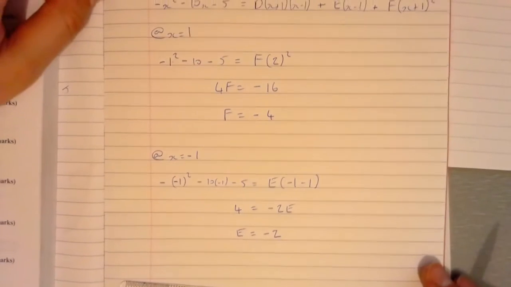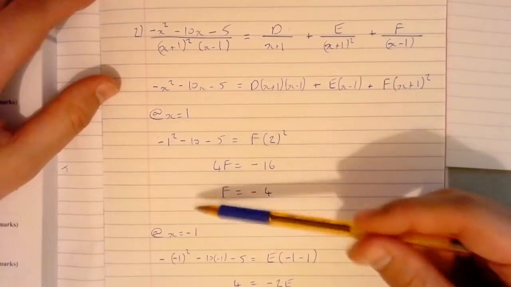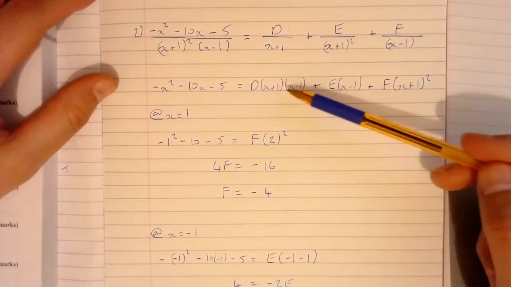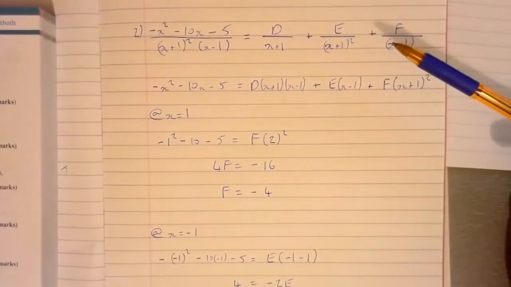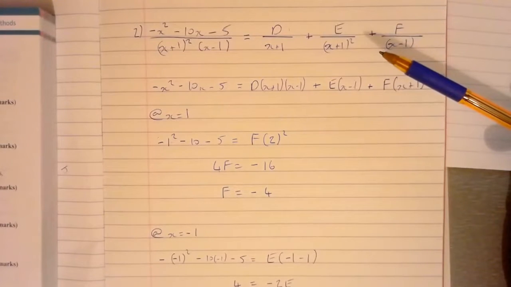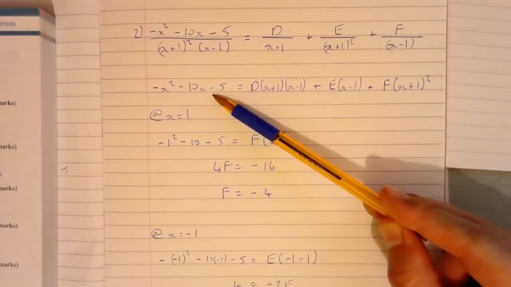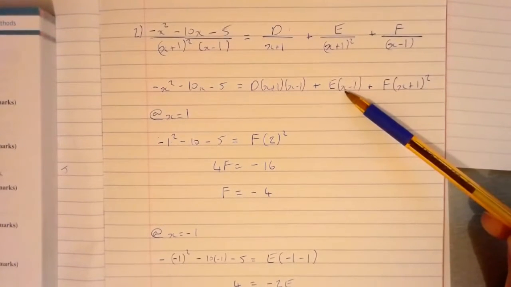Now, the last issue is the fact that it's difficult to get hold of D because these two values so far have both killed it. So what we're going to do instead is pick some other value of x, and then we will know how much this is altogether, because we've got a value of x and we know what E is.